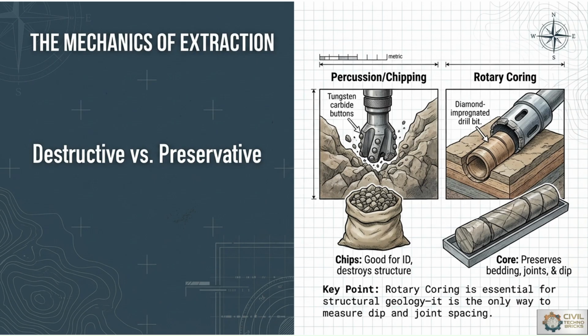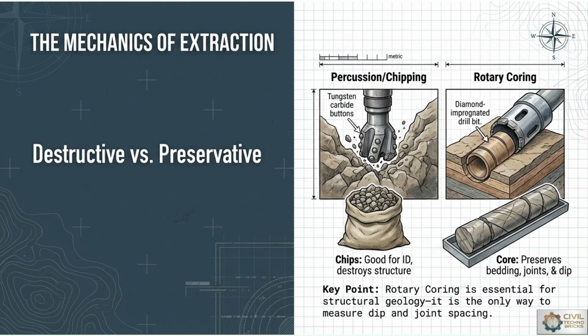That is percussion drilling or the chipping method, where tungsten carbide buttons or drilling bits are used to drill the existing rocky layer and break the rock into fragments. So those chips are good for assigning the ID or nomenclature. That destroyed structure is useful from the sample point of view also.